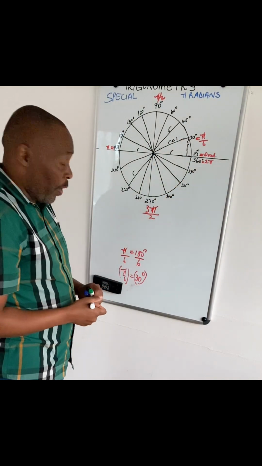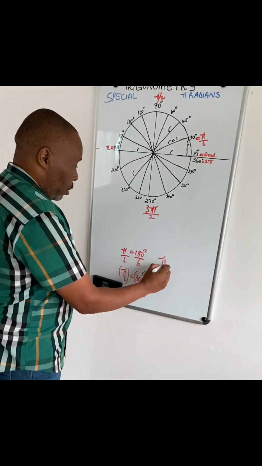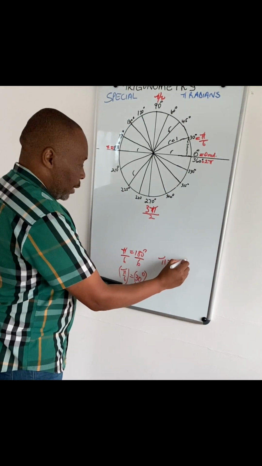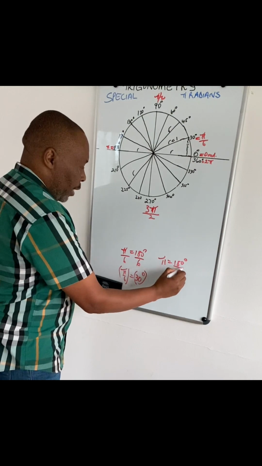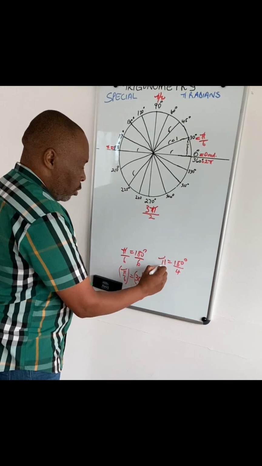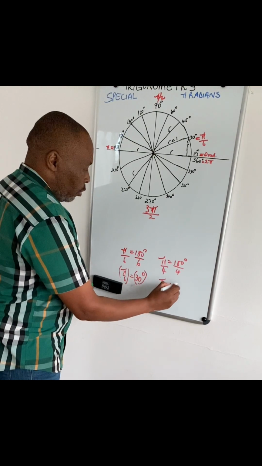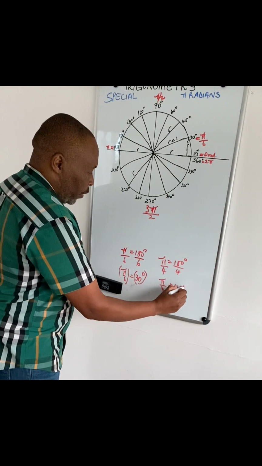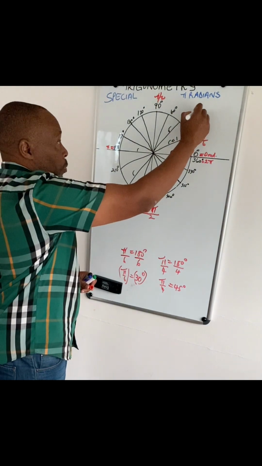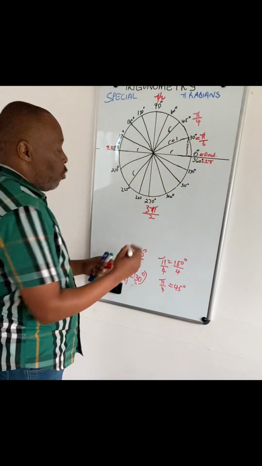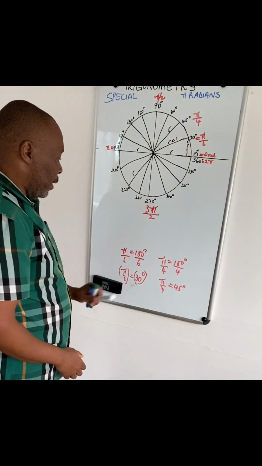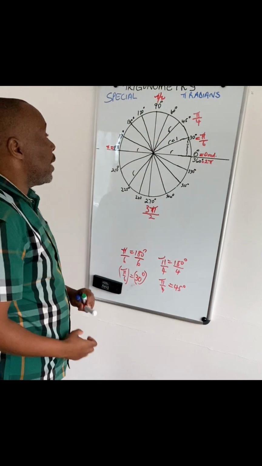Same thing with 45. We say pi is equal to 180 degrees, and we divide this by 4, divide this by 4. Pi over 4 is equal to 45 degrees. So here we've got pi over 4. That's how we get these numbers. Same thing with 60 degrees.